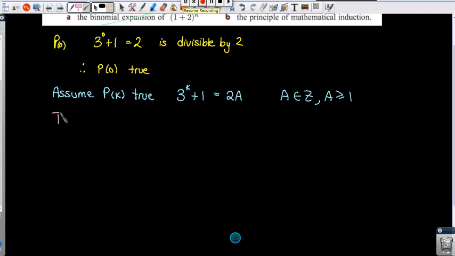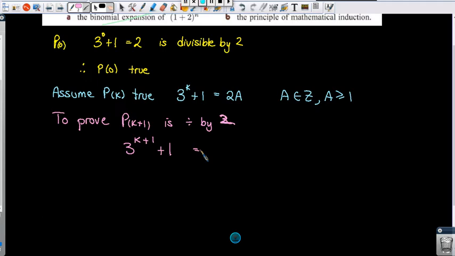The next bit comes to prove P(k+1) is divisible by 2. So we're looking at 3 to the k plus 1, plus 1.